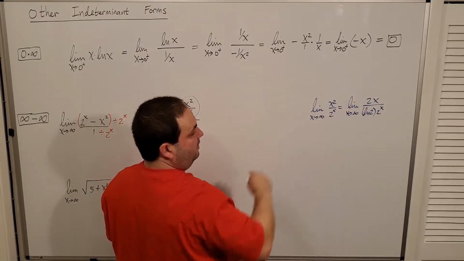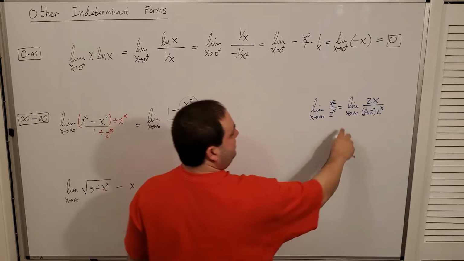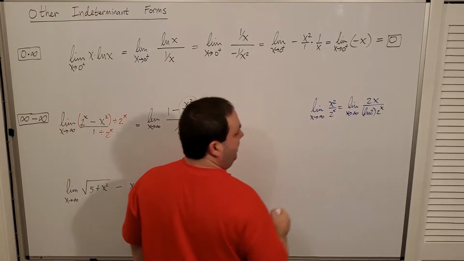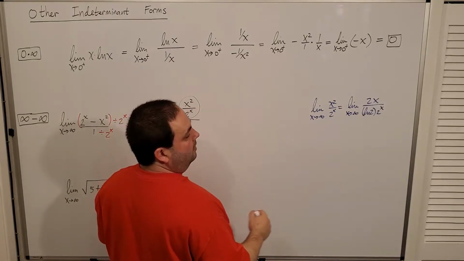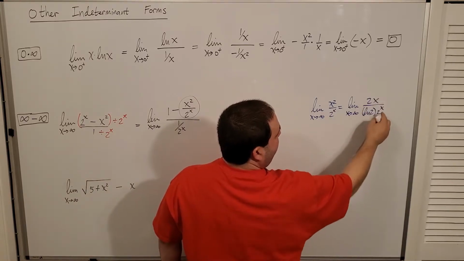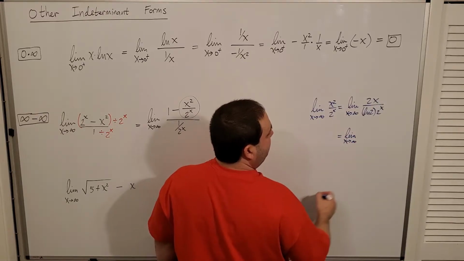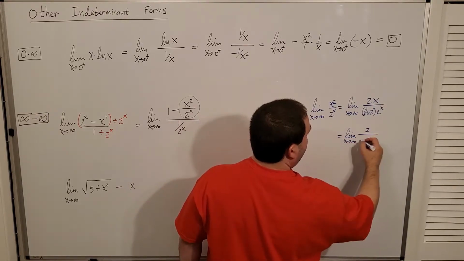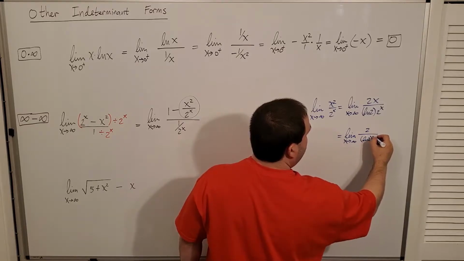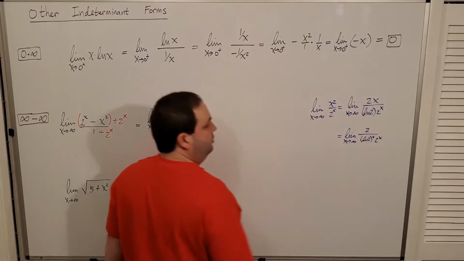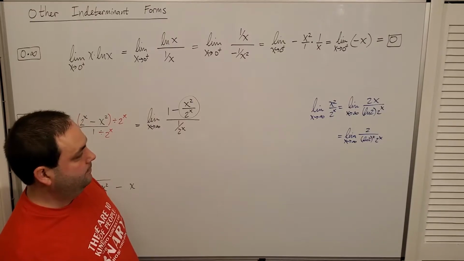Because the derivative of an exponential is itself, and since it's not base e, I have to put the little ln multiplication factor. It's still an infinity over an infinity, so I'll do one more L'Hopital's rule. The limit as x goes to infinity of 2 over ln of 2 squared times 2 to the x, like that.